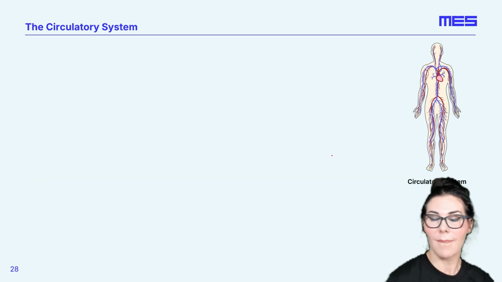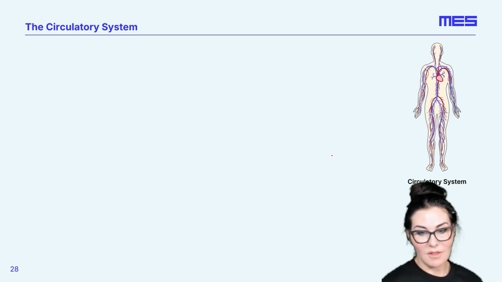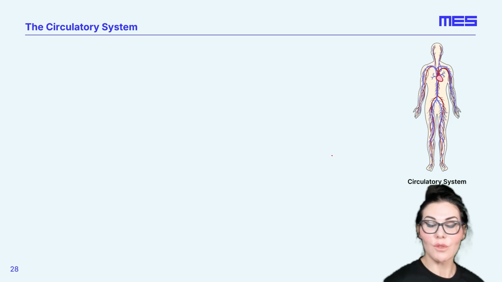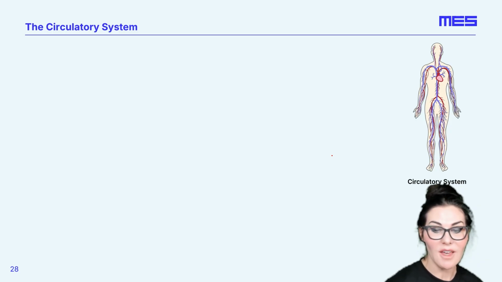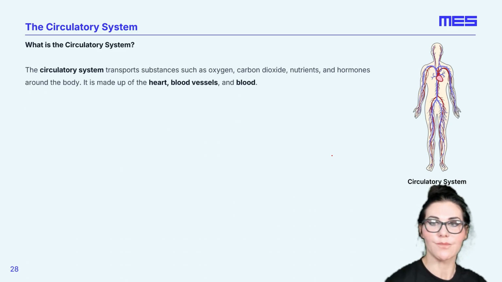Okay, now we've obviously addressed how the lungs are working in order to bring oxygen into the blood and get carbon dioxide out of the blood. But what the respiratory system works in conjunction with really effectively is our circulatory system. What is our circulation or circulatory system?